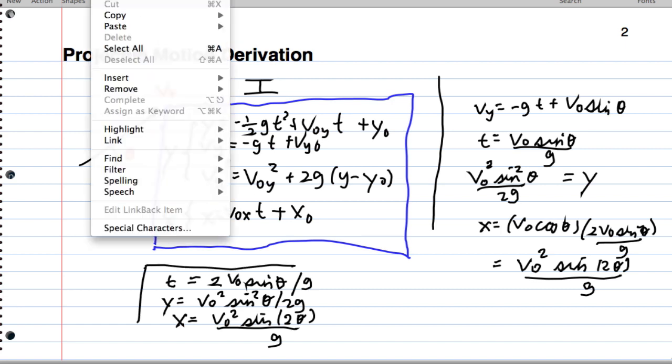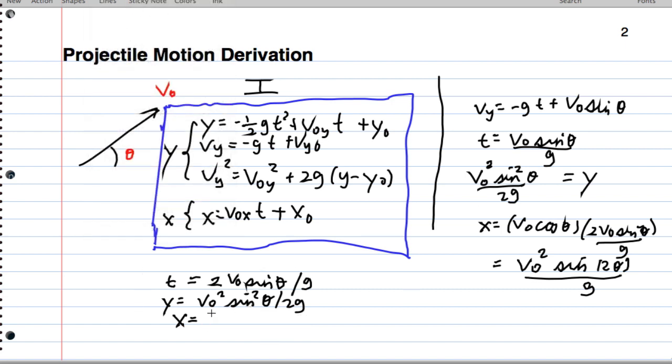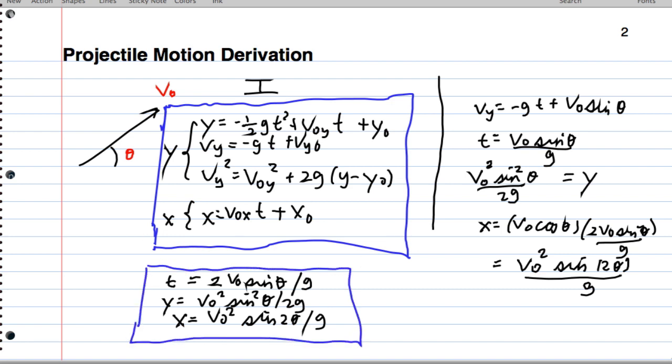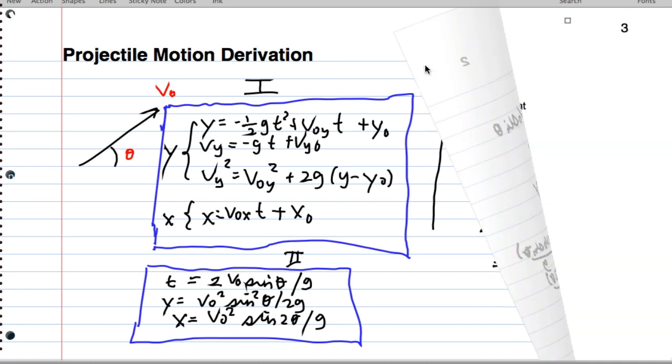So x is, again, V naught squared sine of 2 theta divided by g. And this is our second set of formulas right here. You have to memorize all of this for the exam. So I'm going to go ahead and use these formulas now.